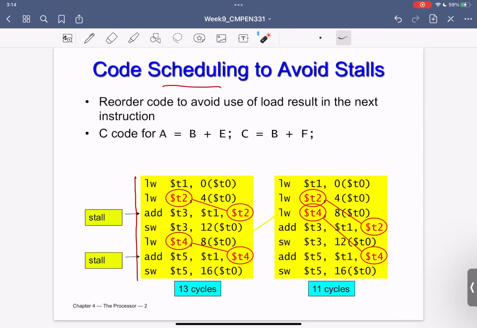So the previous instruction has to update its destination register, and then I have to use it. Unfortunately, if I use it earlier, before it has been updated, basically I'm not getting the correct information. And because of that, a hazard will occur. In this situation, we refer to that as data hazard.